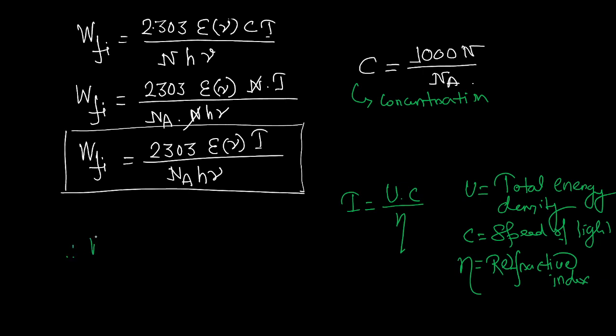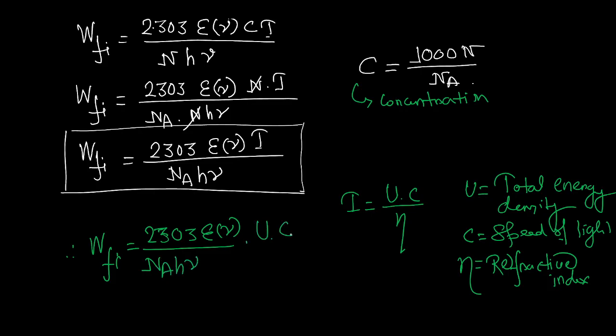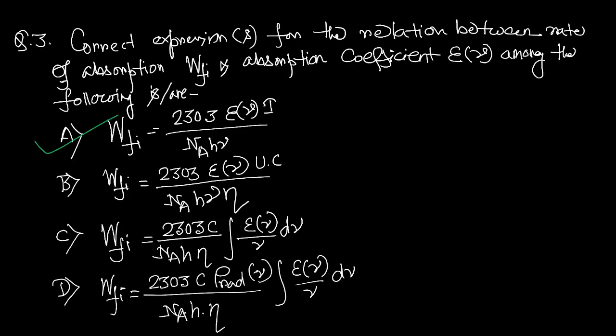So your WA5 can be written as 2.303 into U into C by eta. Okay, so your option B is also a correct one.